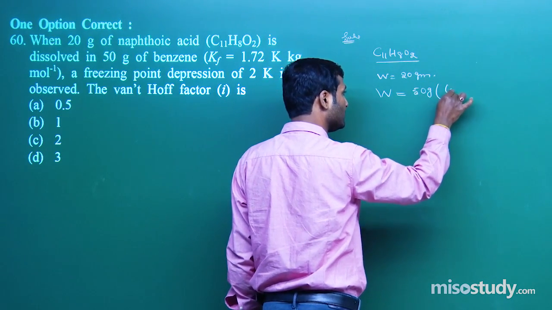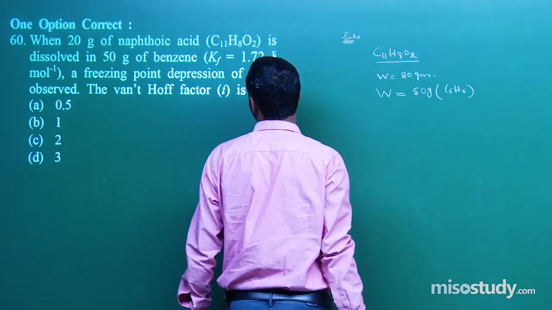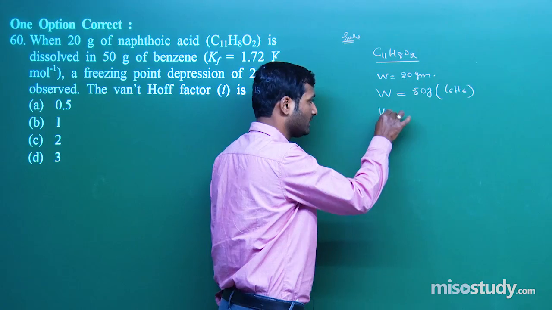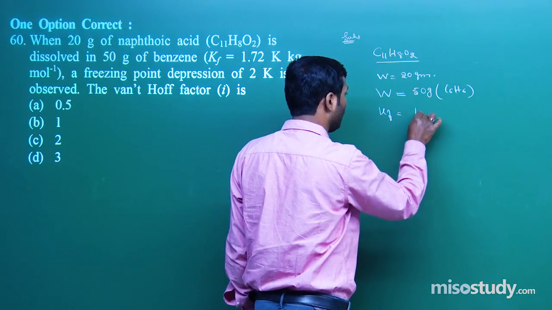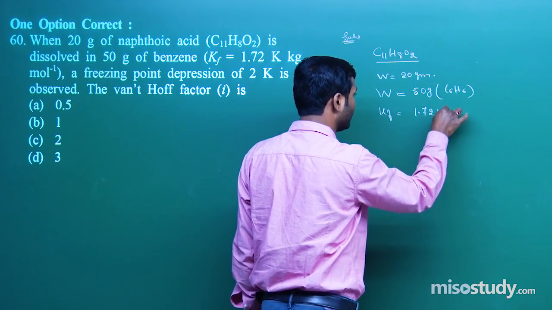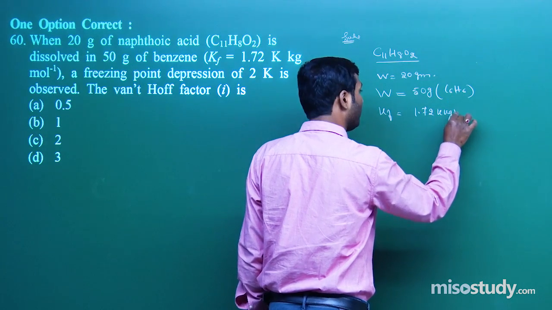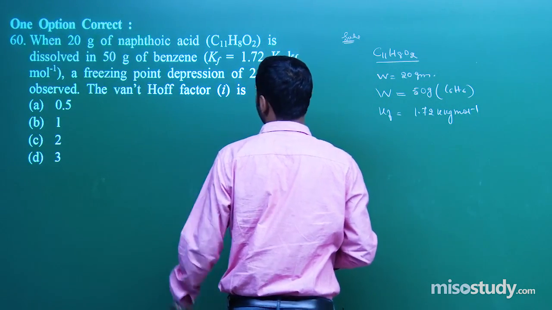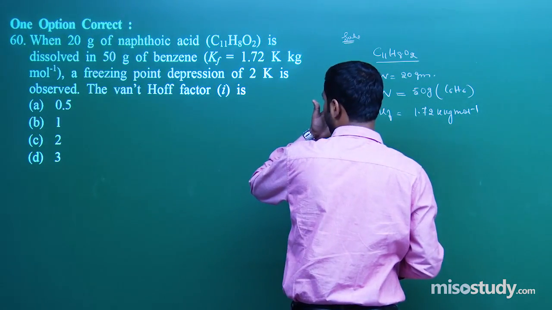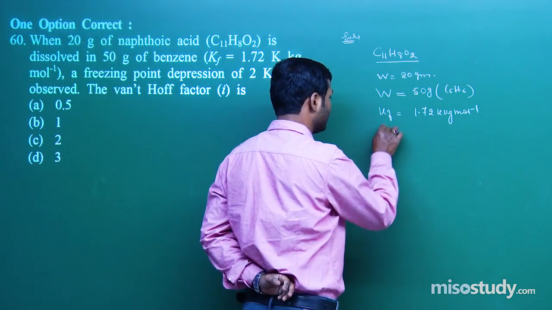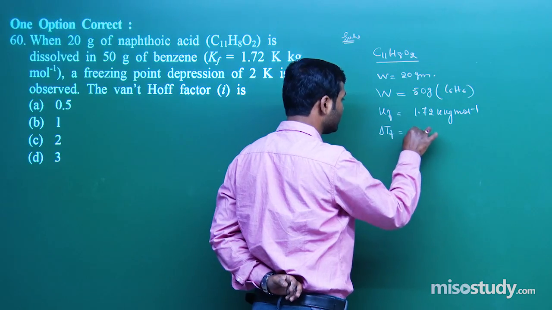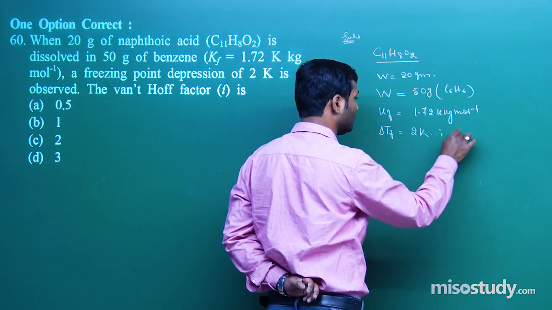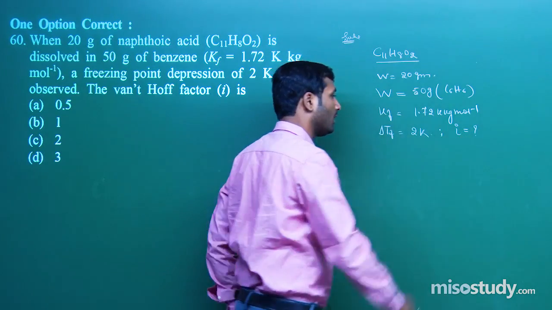The value of Kf, the molar depression constant, is given as 1.72 Kelvin kg per mole. A freezing point depression of 2 Kelvin is observed, that is delta Tf is equal to 2 Kelvin. You have to find the value of i, the Van't Hoff factor.